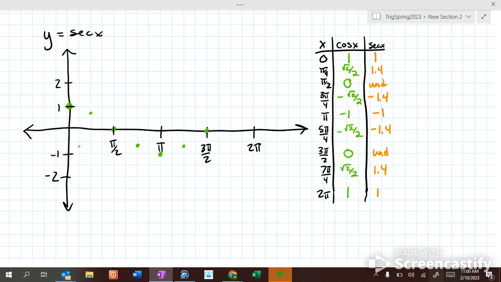Boom. The normal cosine curve, which we've been doing for like 4 class periods now. I just put in extra dots because that's where square root of 2 over 2 is like 0.7071.